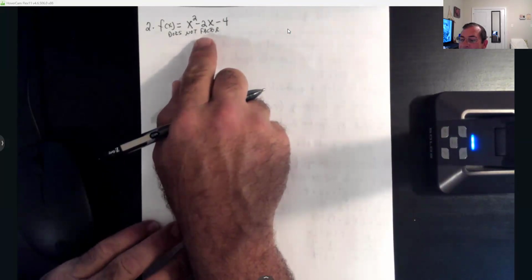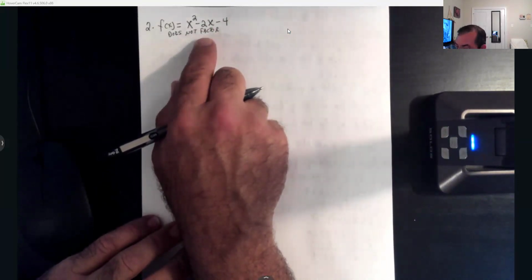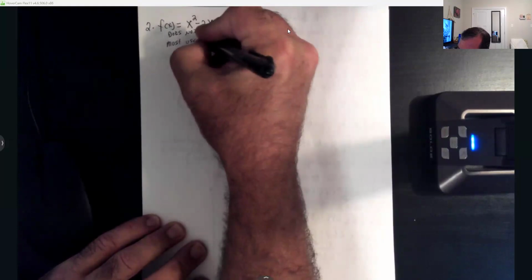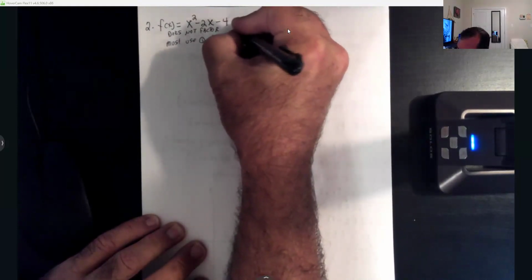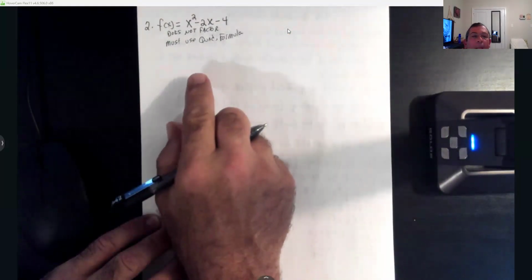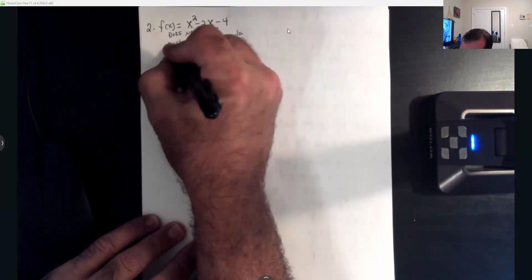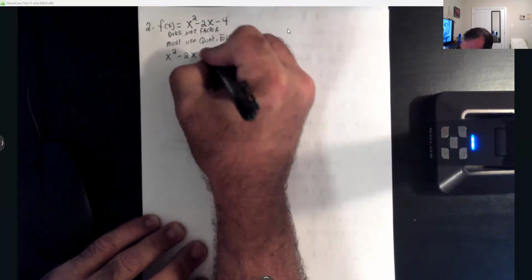So since this does not factor, we got to use the quadratic formula. So we must use the quadratic formula. All right, y'all, so I'm going to take this function, set it equal to 0, x squared minus 2x minus 4 equals 0.